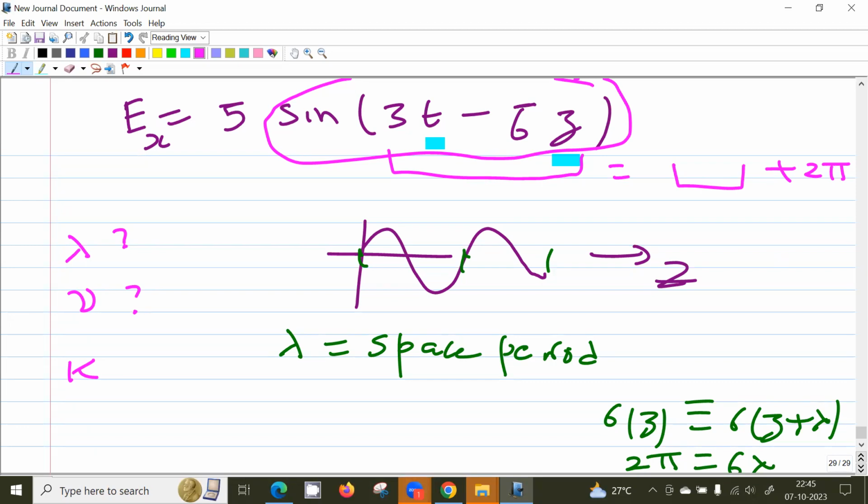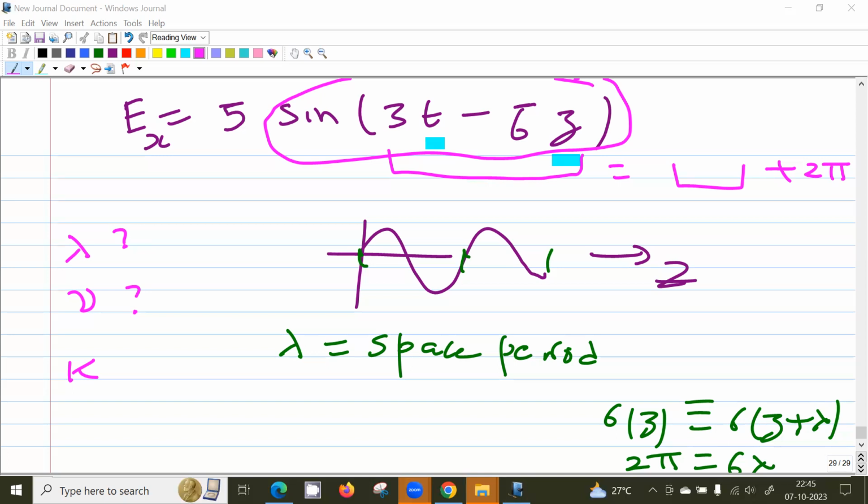Is it correct? Karthikeyan, understood or not? Sine theta is the same as sine of theta plus 2 pi.